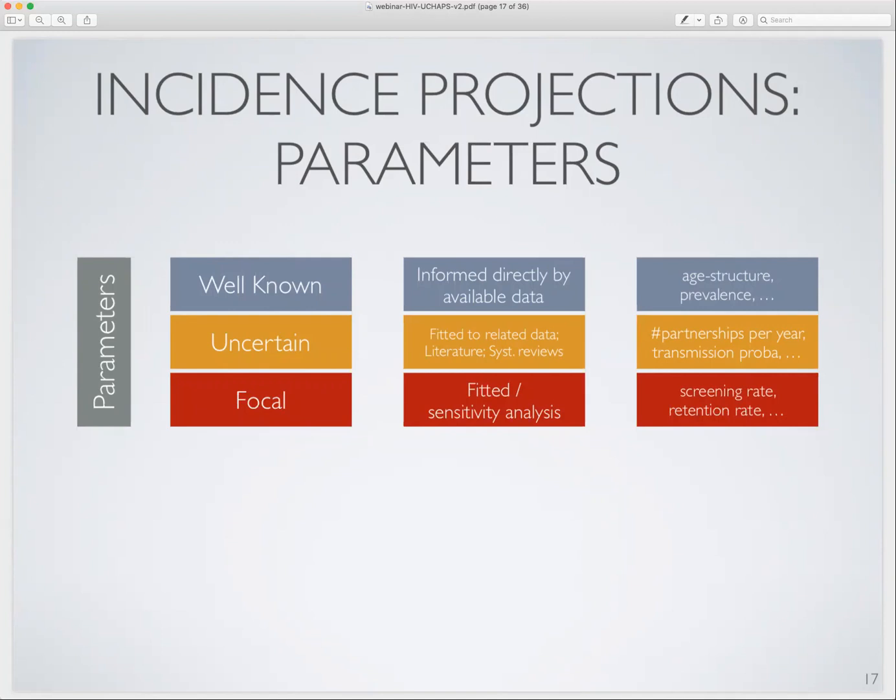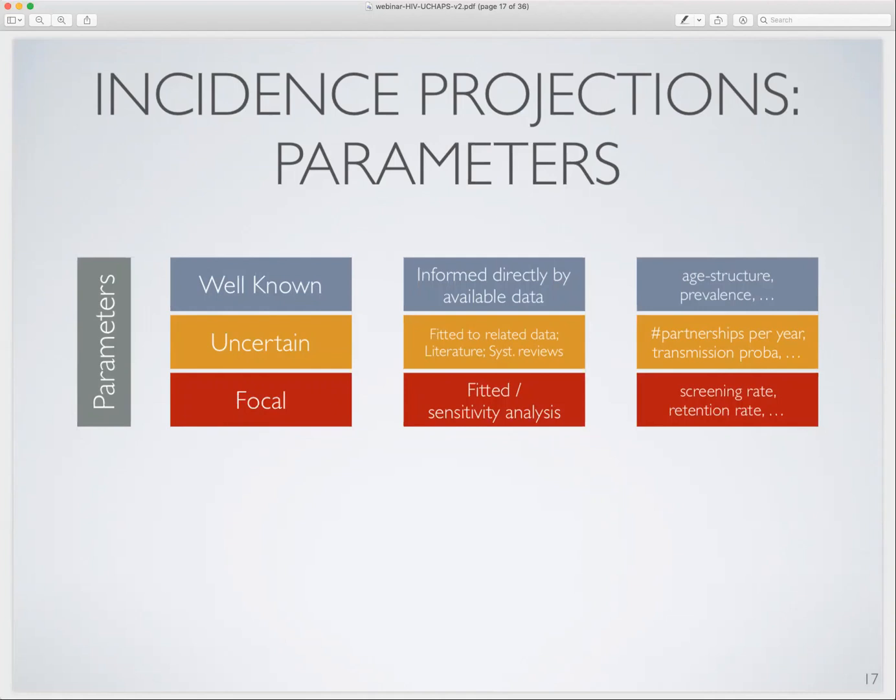Then you have what I'm calling uncertain parameters, the ones that are not or poorly observed, and that can be fitted to related data. So, for example, the transmission probability per sex act is not directly observed, but we need that sometimes in the models. And this probability of transmission per sex act is linked to incidence.